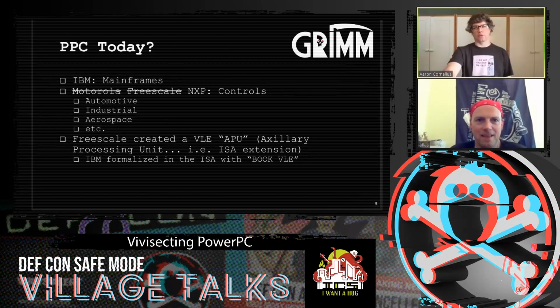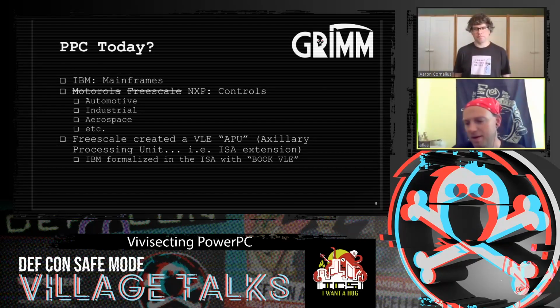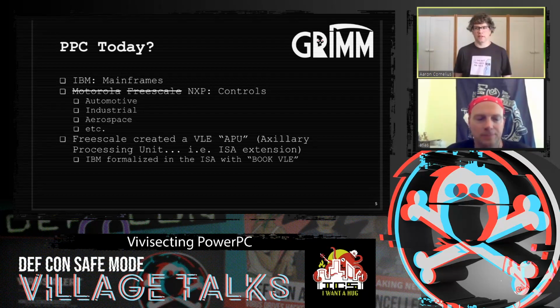I guess I got these out of order. Where we see them here today: mainframes, IBM, all of those systems that, what is it called now? System I, I think is what they call it. Oh yeah, IBM i. Those are all PowerPC systems, not the weird 48-bit things they used to be.